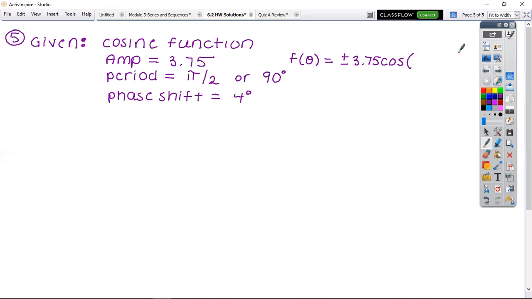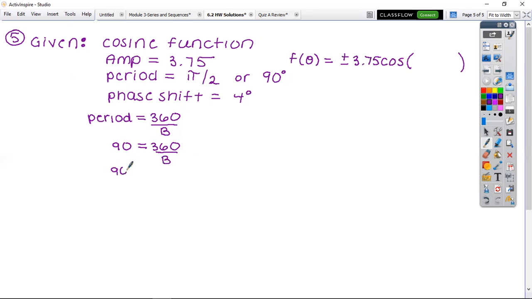parentheses, and let's find the information. So I need to find my frequency. Again, period is equal to, and instead of doing 2 pi over frequency, I'm going to go 360 over frequency. So I'm going to substitute in 90 is equal to 360 over b and cross multiply.